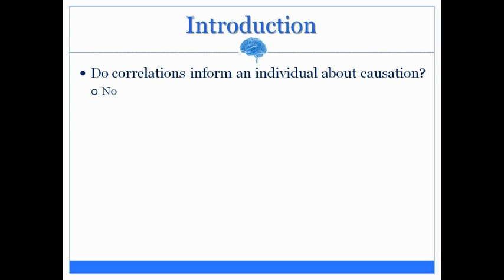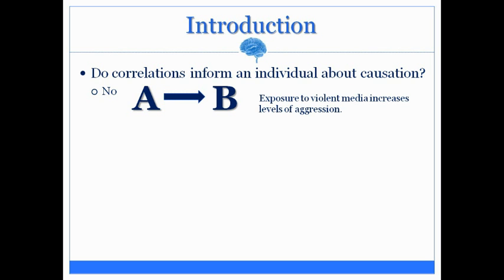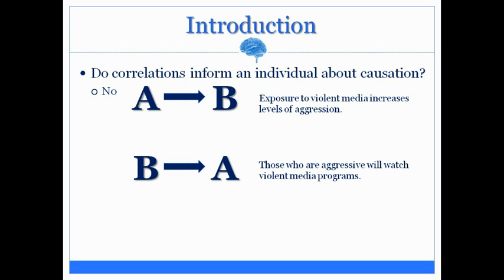The reason that correlations don't inform an individual of cause is that variable A could have caused variable B, meaning that exposure to violent media increases levels of aggression, and that's what you would expect, that as you watch more television, the individual is going to become more aggressive. It could also be, however, that B could in fact cause A, that as aggression increases, exposure to violent media or television also increases. So you don't necessarily know if A causes B or B causes A.